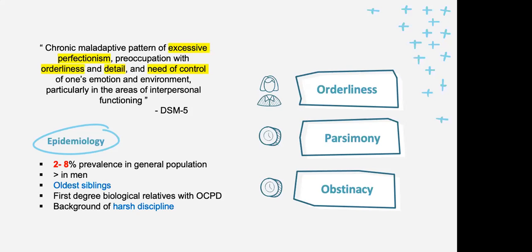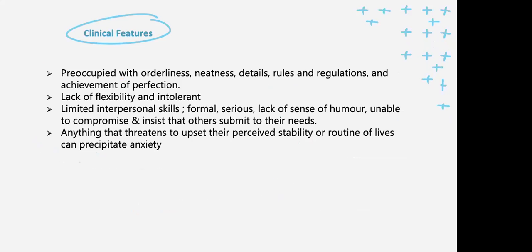According to DSM-5, it is described as people with orderliness, parsimony, meaning that they are stingy, and obstinacy, they stubbornly adhere to their opinion. For clinical features, they are very preoccupied with orderliness, neatness, rules, regulations, and achievement of perfection.